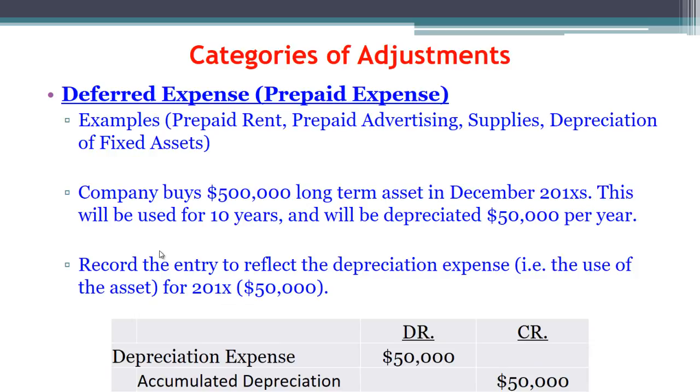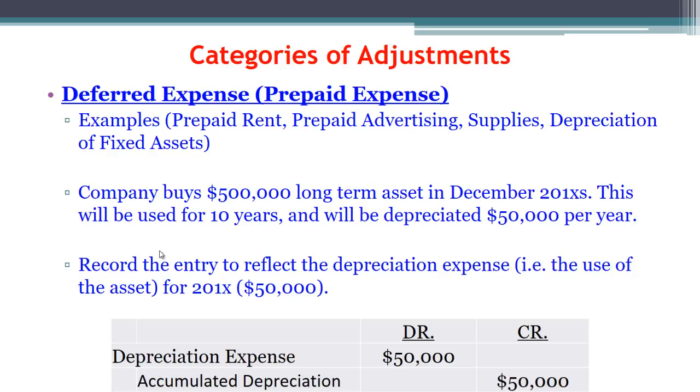Now this one is a little tricky because depreciation expense is handled differently than most of our other assets. We still debit depreciation expense for $50,000 to increase that expense to show that we've used the asset, but we do not credit the asset directly.